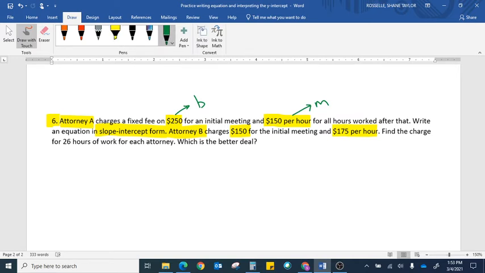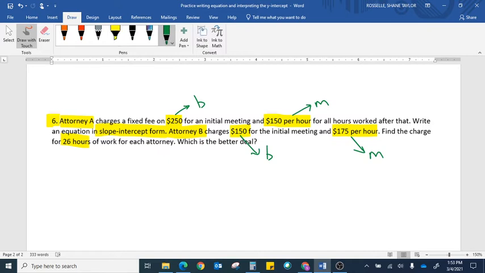So in that case, this one is going to be B, and this one is going to be my M value. Okay, and then it says find the charge for 26 hours of work for each attorney. Which one is better?